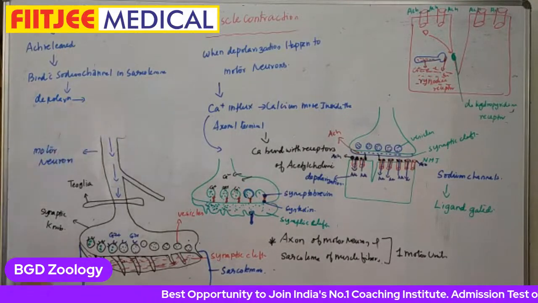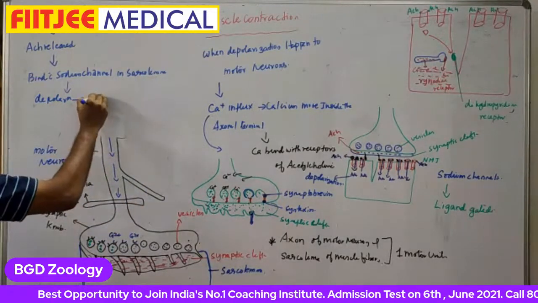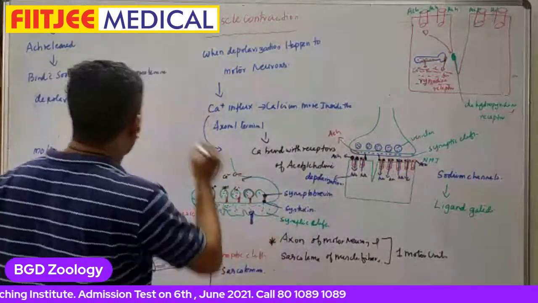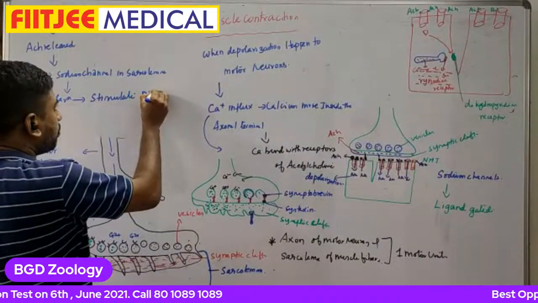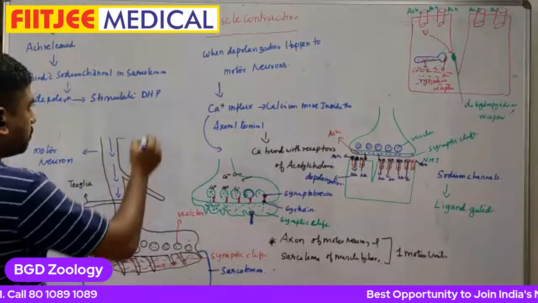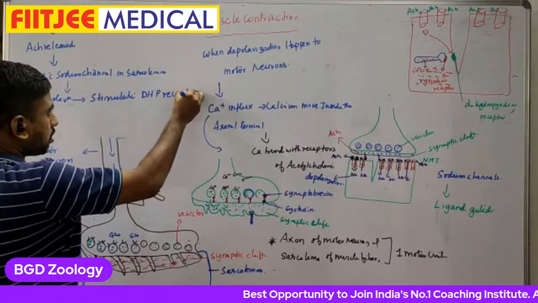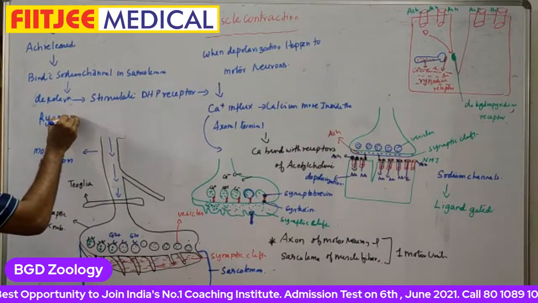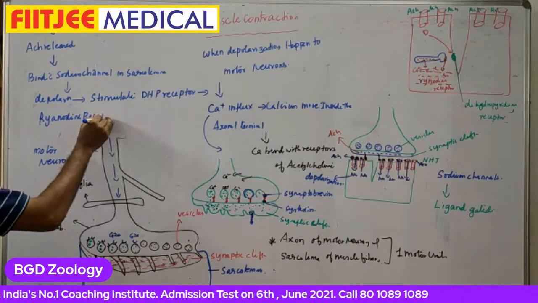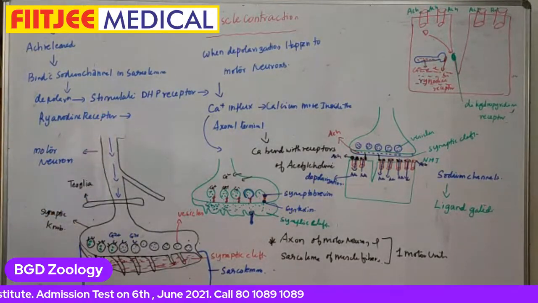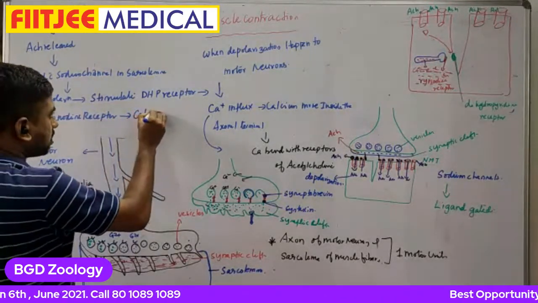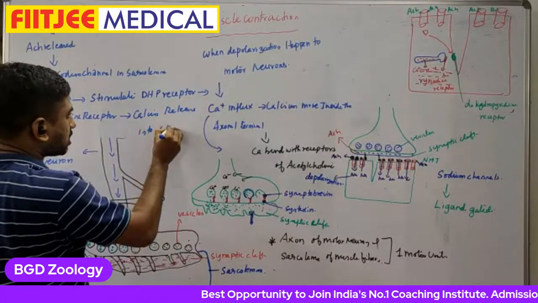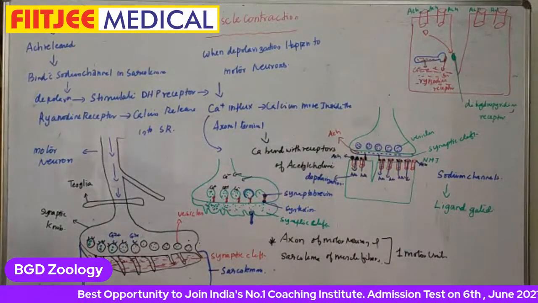That depolarization stimulates dihydropyridine receptors. Dihydropyridine receptor, I will just write as DHP receptors, that stimulate the ryanodine receptors, and that causes calcium release from the sarcoplasmic reticulum. Clear this much? It's very clear.